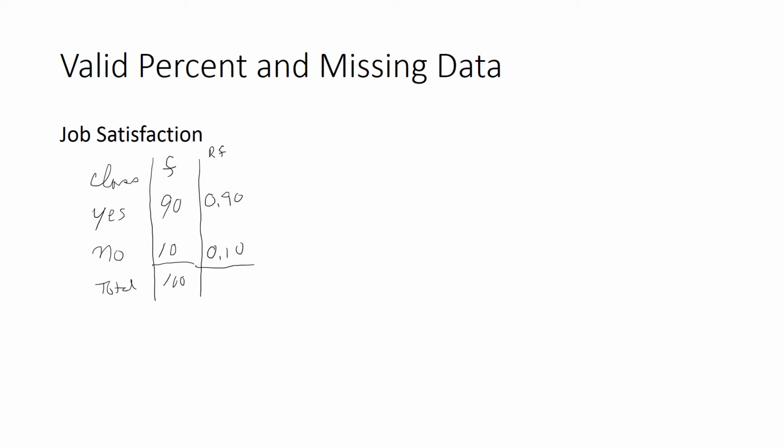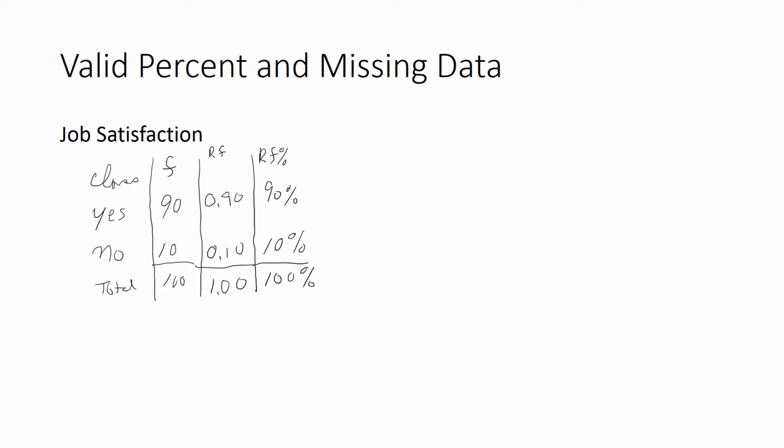Add that up, total it out at the bottom, that would give us 1. And let's convert it over. For consistency's sake, let's convert it into percentages, right? So we have our relative frequency percent. We convert this by multiplying by 100 or moving the decimal place over, and that gives us 90%, and this would give us 10%. Totaling it up, we got ourselves 100%.